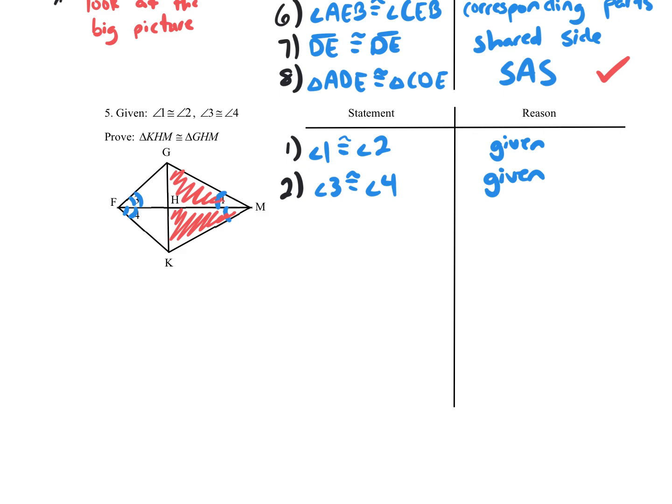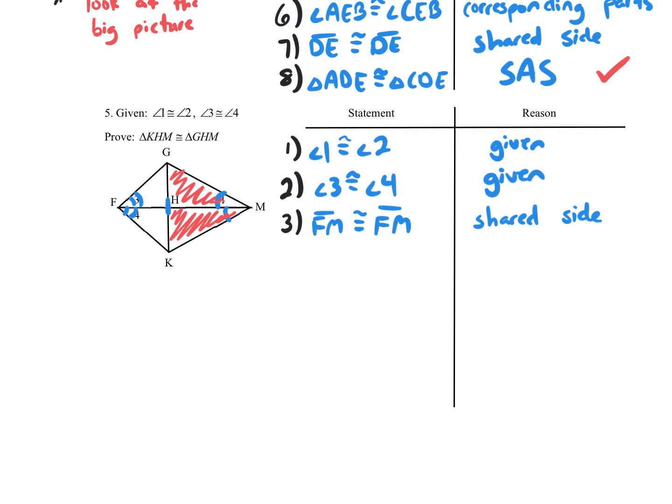Where are the big pictures? What are the big triangles? These 2 right here. So what do those 2 triangles have in common? That middle line. So our 3rd statement is going to be FM is congruent to FM because shared side.